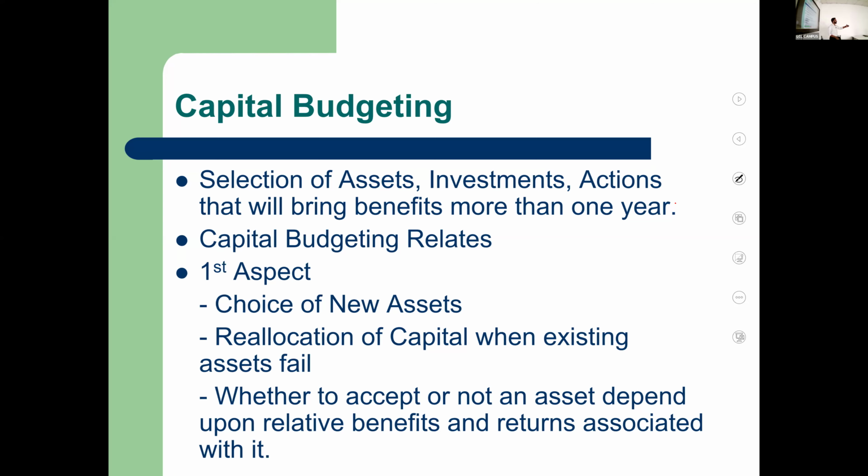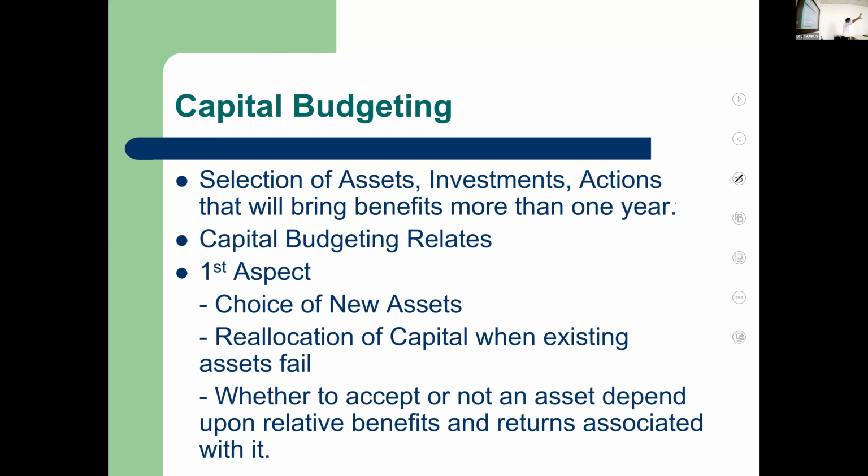Let's say now you have selected the asset, but unfortunately that asset fails. If it fails, you should be able to reallocate your capital to some other assets. Clear?